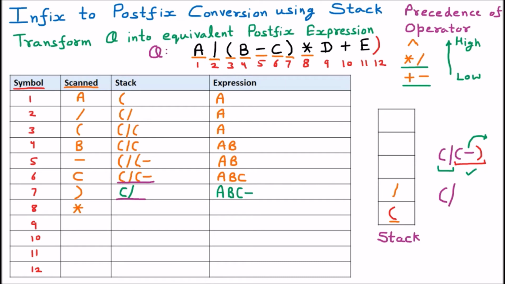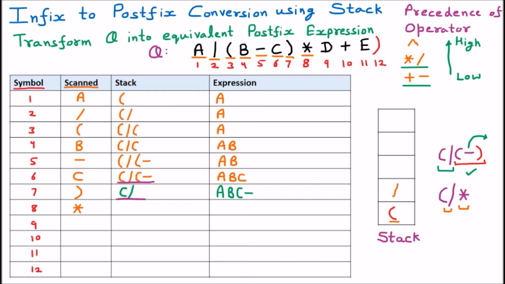Now this star which is encountered, this star will come here. Whenever a new operator encounter and already there is an operator, how we are saying the operator? Because this star is the operator and this slash is the operator.